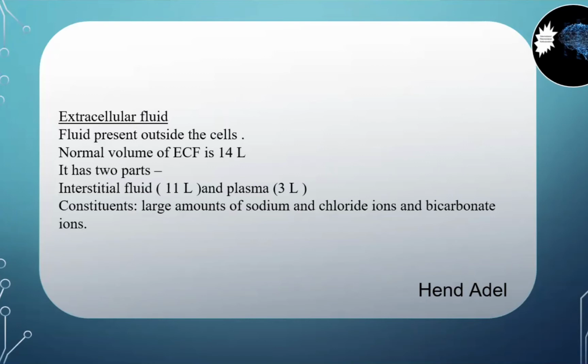So the main difference between interstitial fluid and plasma fluid is interstitial fluid is the fluid that is present between the cells of a tissue, and it tends to have low protein content and less amount of dissolved oxygen, whereas plasma refers to the liquid component of the blood, and it tends to have high protein content and more amount of dissolved oxygen. Apart from that, the normal volume of extracellular fluid is 14 liters, and it has a large amount of sodium, chloride ions, and bicarbonate ions.